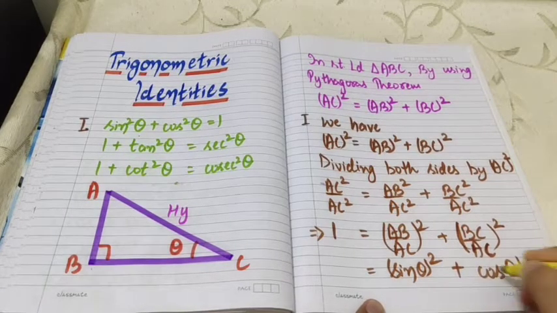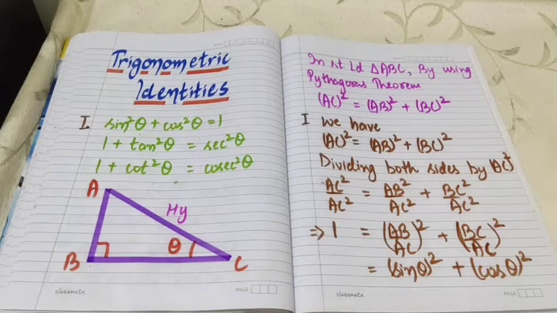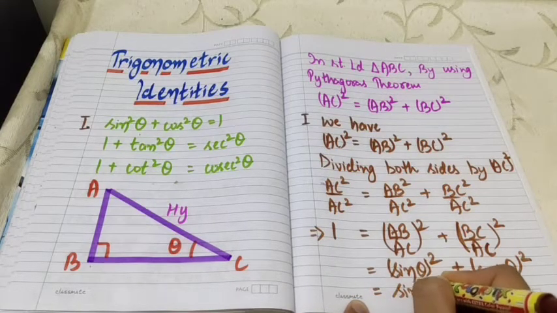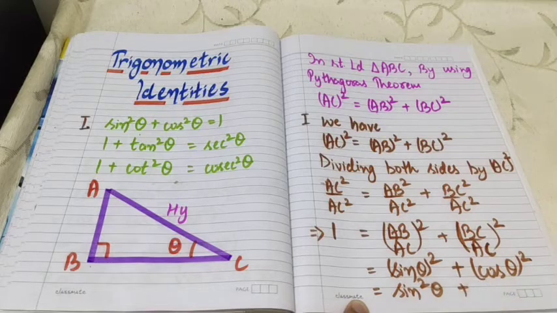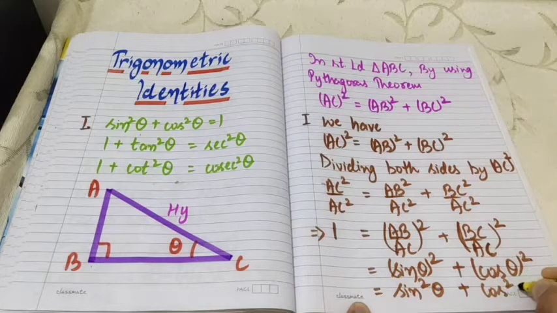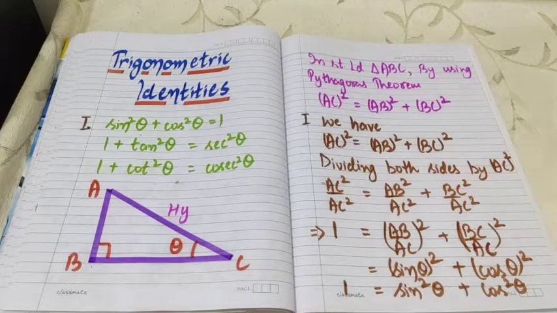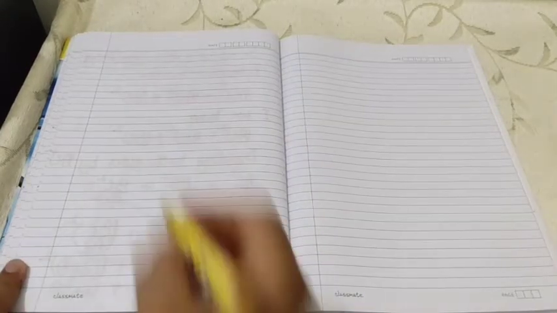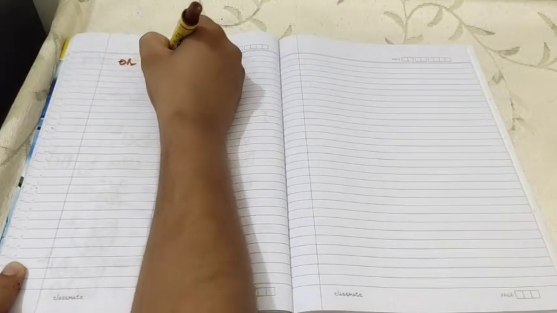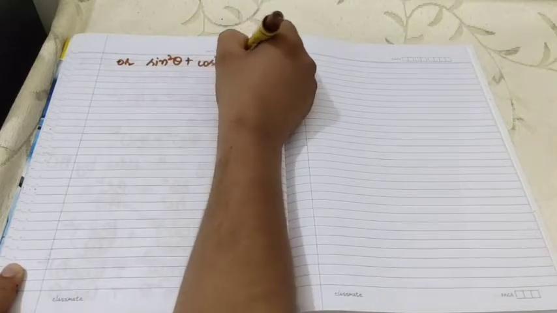So, we write it as cos theta the whole square, and we know that sin theta the whole square is equal to sin square theta, and cos theta the whole square is equal to cos square theta, whereas 1 will remain as it is. That is how we get sin square theta plus cos square theta equals 1.